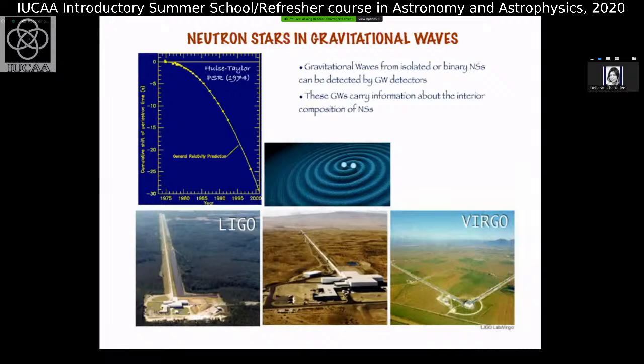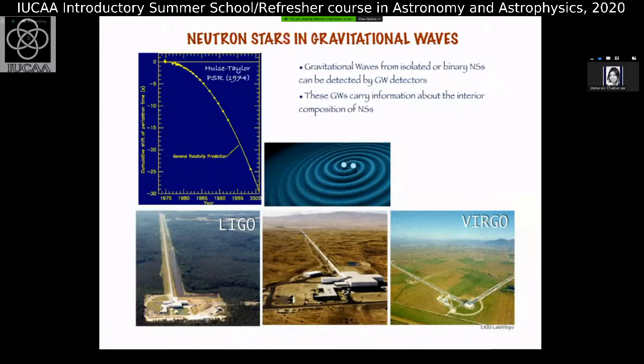And the idea is to capture gravitational waves emitted by neutron stars. Gravitational waves can be emitted by both isolated and binary neutron stars. And what is most interesting is that these gravitational waves carry information about the interior composition of neutron stars.